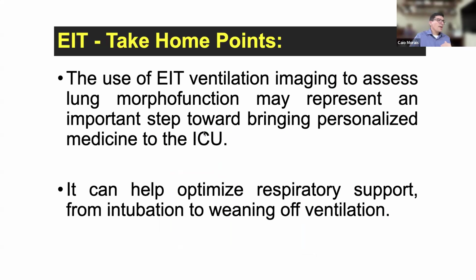And this may represent an important step toward bringing personalized medicine to the ICU. And I hope I showed you some examples of how this simple method, the ventilation image, may help us to optimize the respiratory support better, defining the treatment from the intubation to the weaning process.